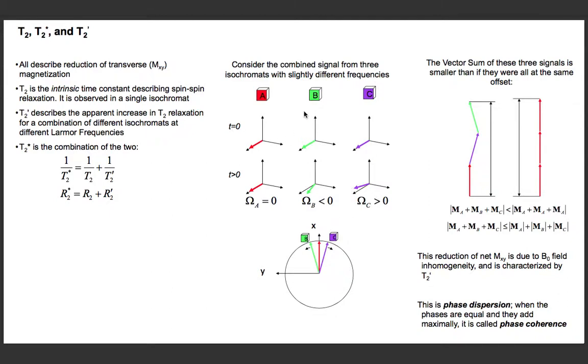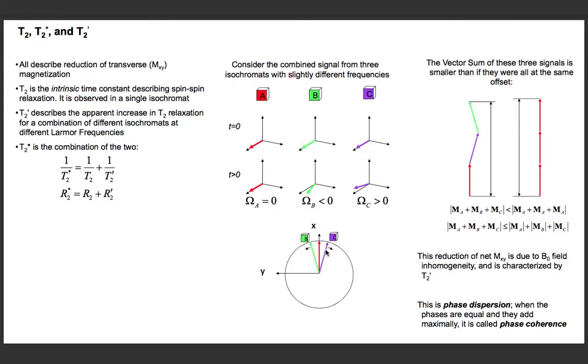So if I excite them, immediately after excitation, they'd all be aligned in this example in the X plane. If I let them evolve over time, this one's on resonance, and so it doesn't have any offset, so it stays exactly still in the rotating frame. This one's at a little lower frequency, so it drifts, and this one's at a little higher frequency, so it drifts over there.